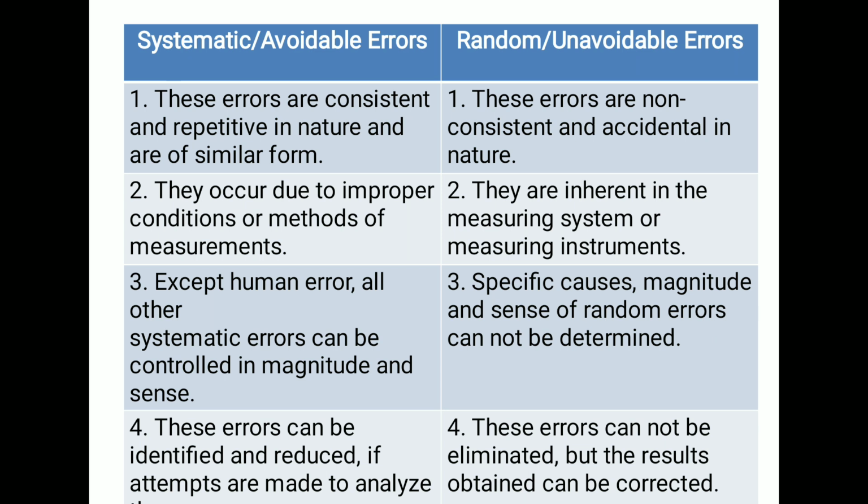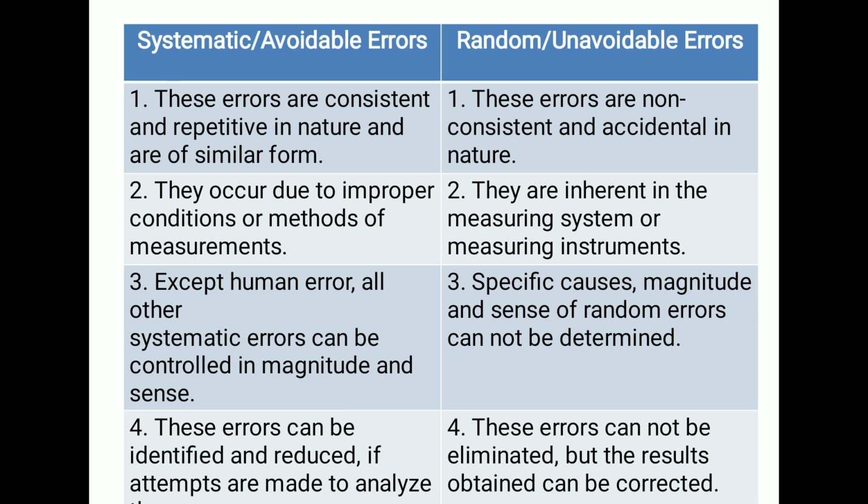The first difference is that systematic errors are consistent and repetitive in nature and are of similar form, whereas random errors are non-consistent and accidental in nature. Systematic errors occur due to improper conditions or methods of measurement, whereas random errors are inherent in the measuring system or measuring instruments.